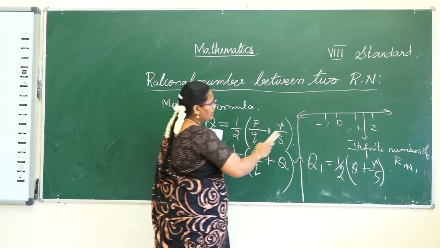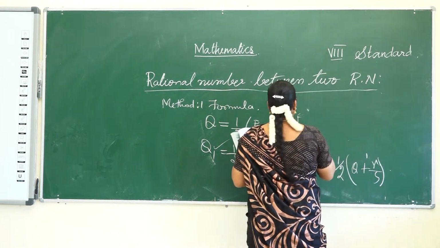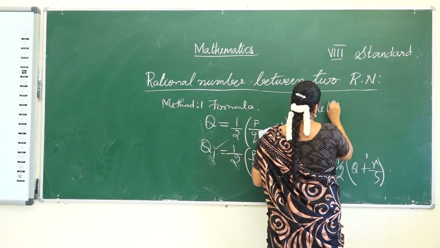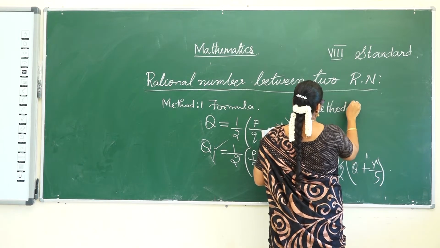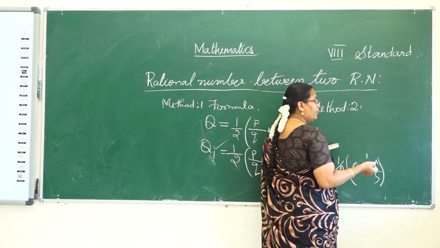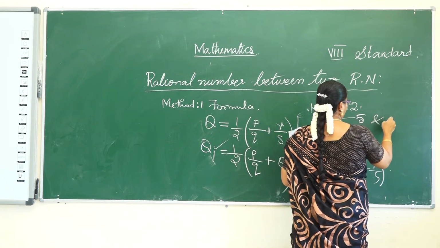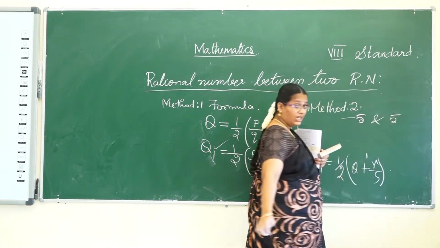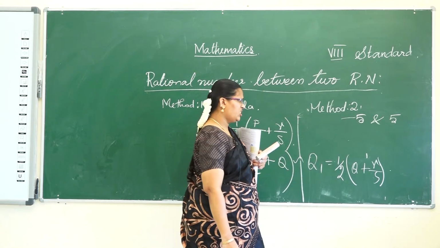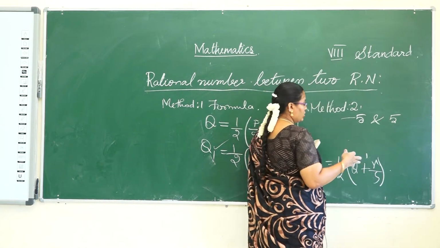And next one, for example, find the rational number between minus 5 and 5. Find the rational number between these. So, you just multiply numerator and denominator by 10 in this place, first one. Okay.